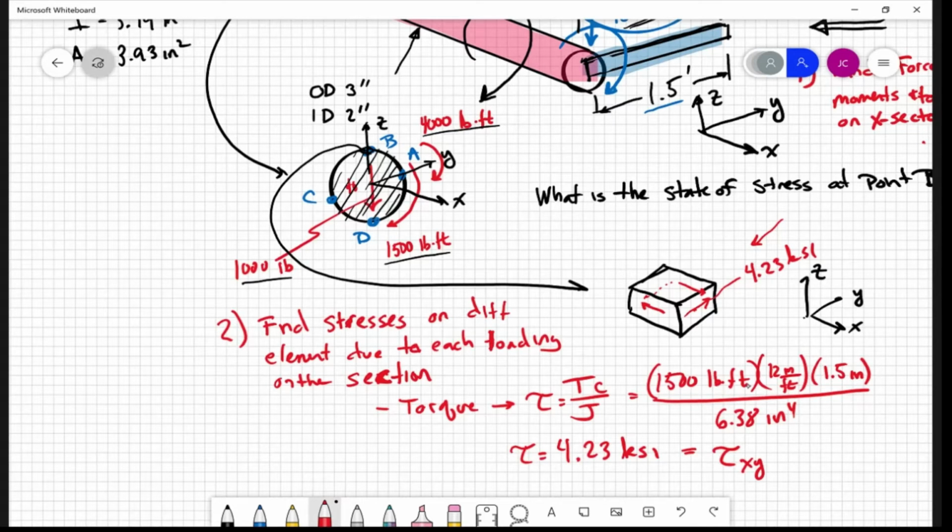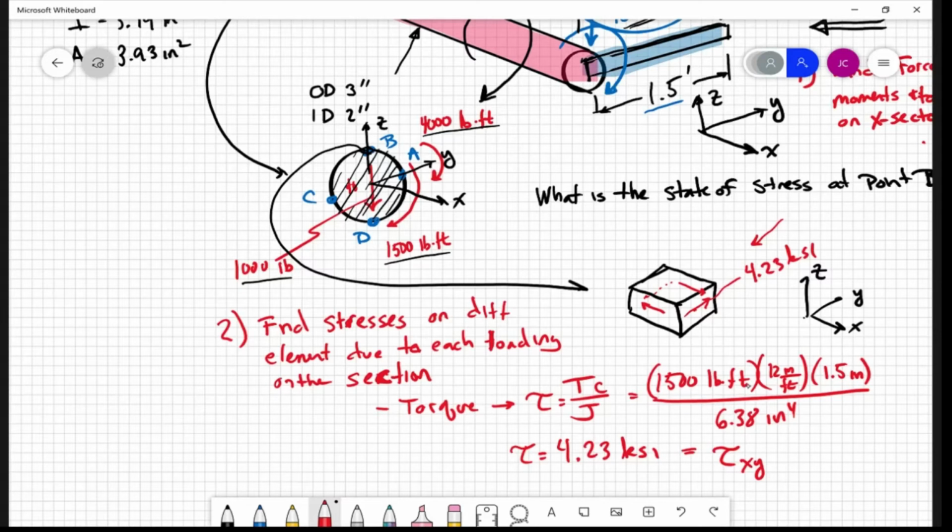So, sorry, Professor. Yeah, sure. So that stress will be acting on the XY plane, but in the direction of the Y plane? Well, remember, this is the really important part. When I cut the cross section, this is what you see on the front face. Now we take a little differential block here at point B. That's what I've drawn here.